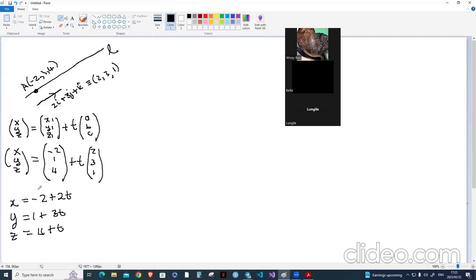You can just look for your point here. The point will be any number that doesn't have a t next to it. And then your vector that's parallel to the line will be any number that is attached to the t, basically the coefficient of the t. Just be careful that the sign before that number must be positive.